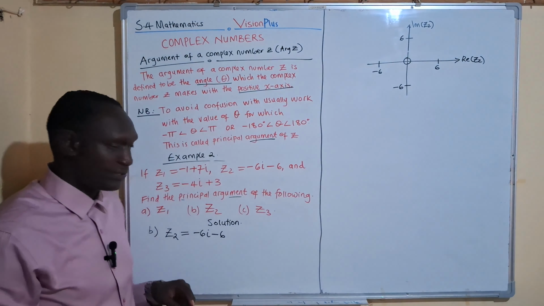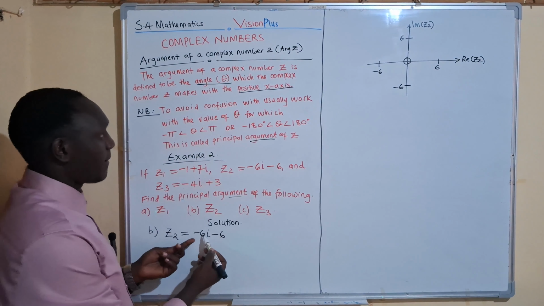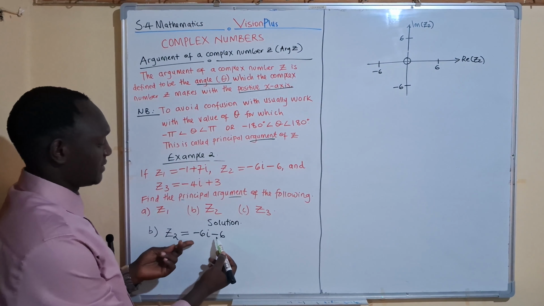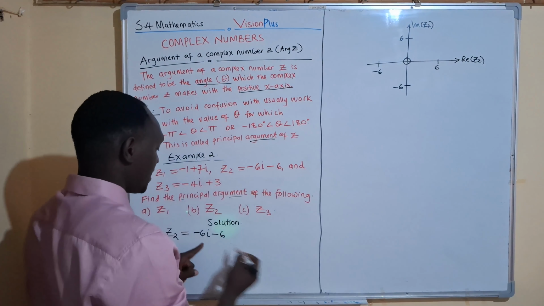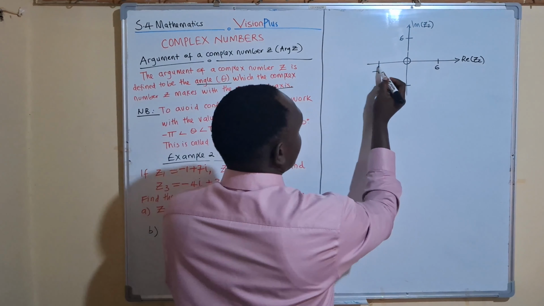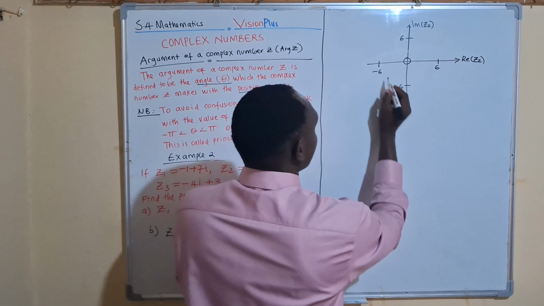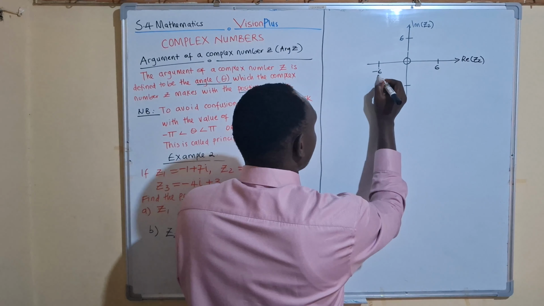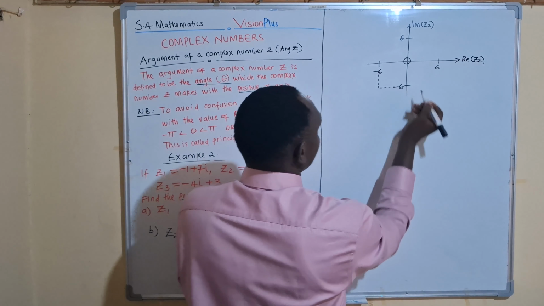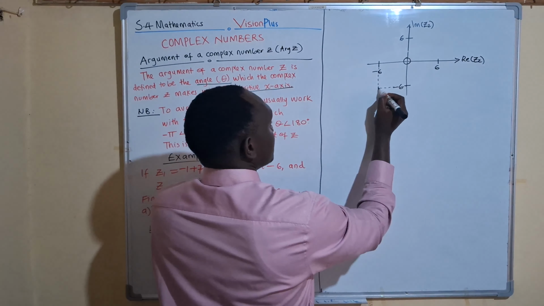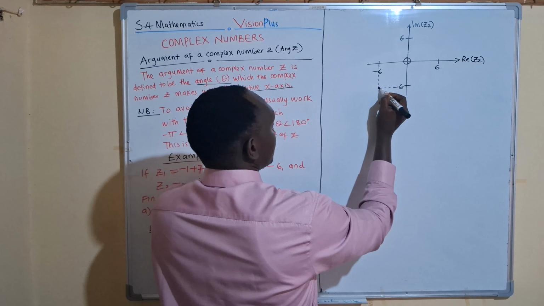Now let us draw the complex number. Negative 6 and negative 6. That means on the real axis we have negative 6, and on the imaginary axis we also have negative 6. So we draw a dotted line vertically down and horizontally to the right. This is where they meet, the point of intersection.